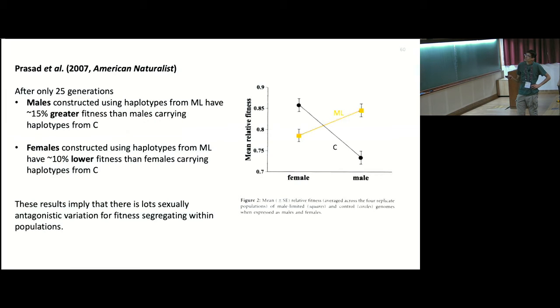And I think this is a really striking result. After only 25 generations, they can take those flies at the end, and take whatever the evolved set of P haplotypes are, and from those P haplotypes you can make more males, or you can make females, right?